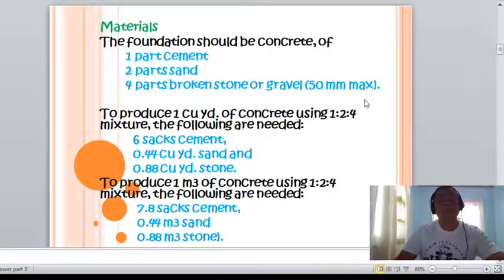So it is very easy to determine the number of cement, sand, and stones if you already know the volume of the foundation; multiply it by, for example in cubic meter, 7.8 for cement, and likewise for the sand and stone. So you can easily determine how many sacks of cement, sand, and stone you need.